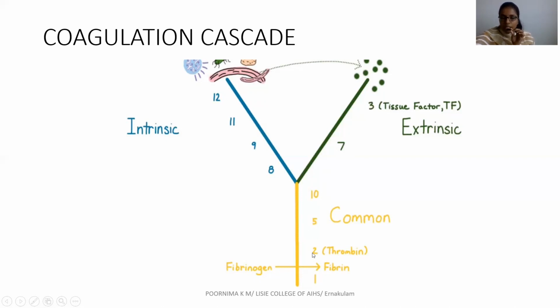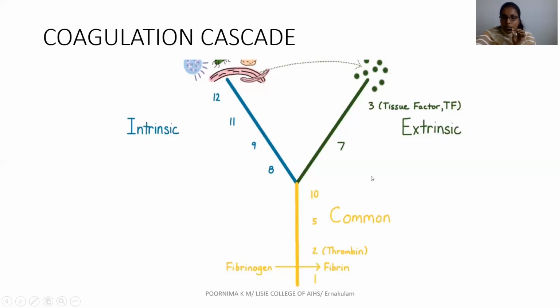The activated factor 2 causes conversion of the inactive form of factor 1 to the active form of factor 1, that is formation of fibrin. So finally, a clot has formed. So the entire pathway, the factors in the extrinsic pathway and the factors in the common pathway, finally cause formation of a clot.